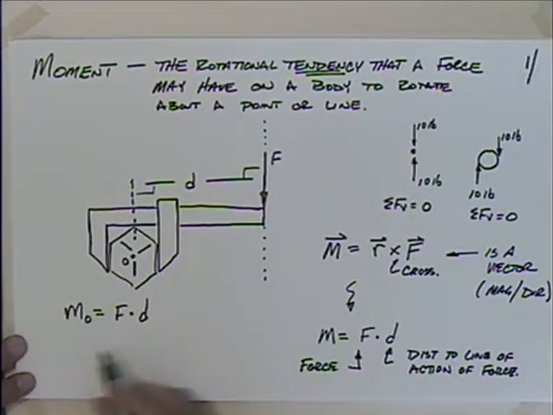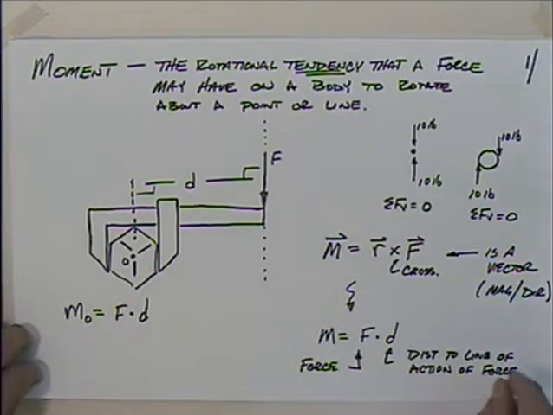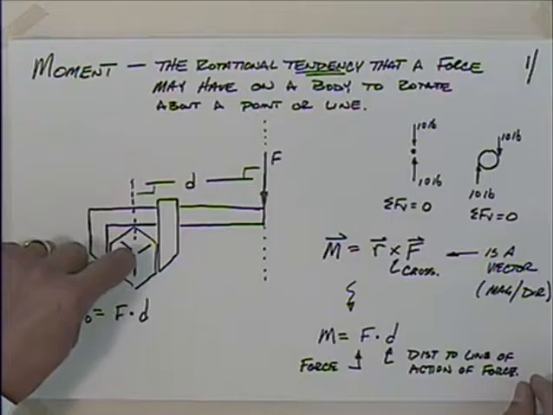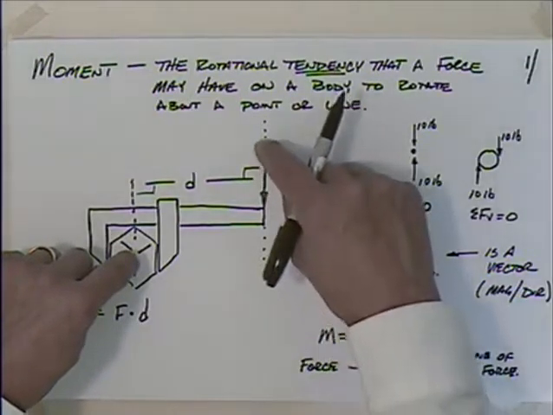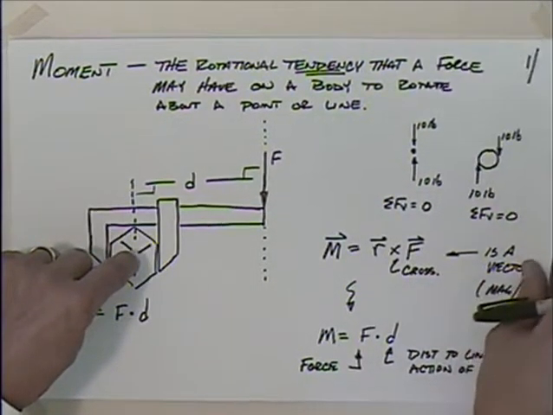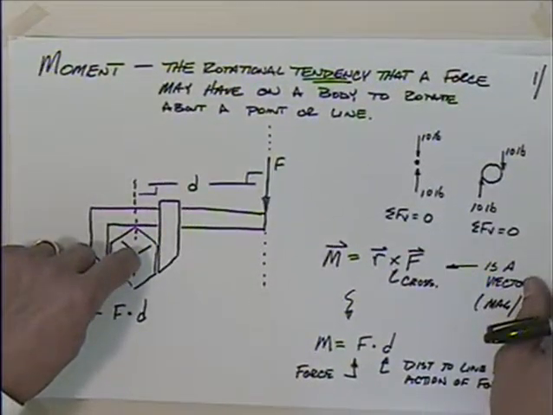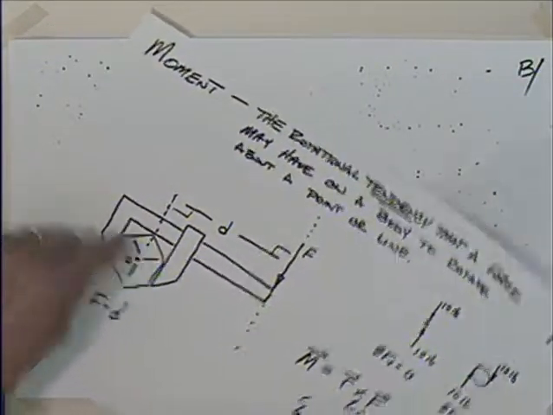Now that's the magnitude, and then we'd have to look at this and say which way is it going to rotate. It's pretty easy, particularly where you have a piece of paper there. If you were to pin this down, quite literally put a tack there, and then apply a force here, this whole thing is going to rotate which way about that? It's going to rotate clockwise about that, isn't it?